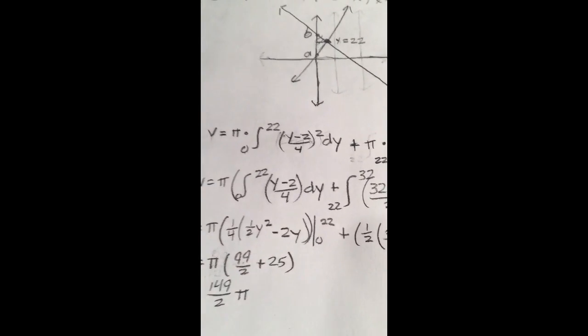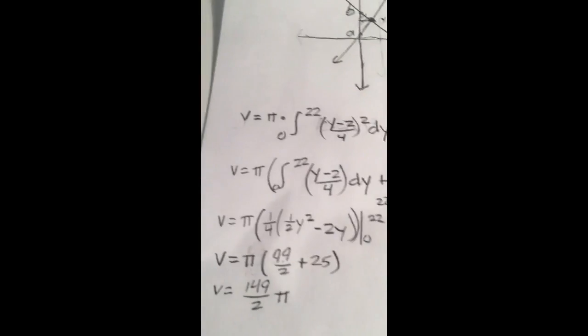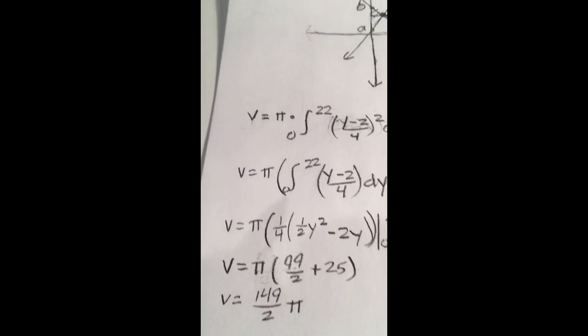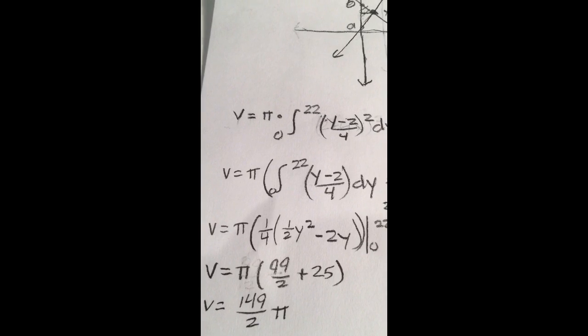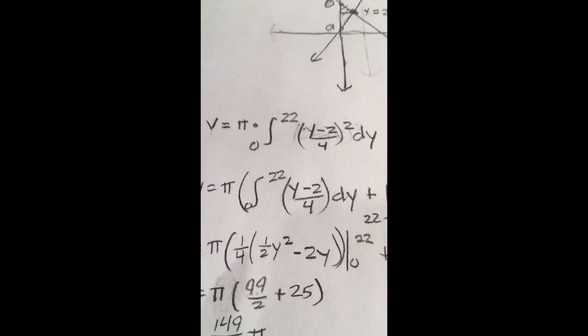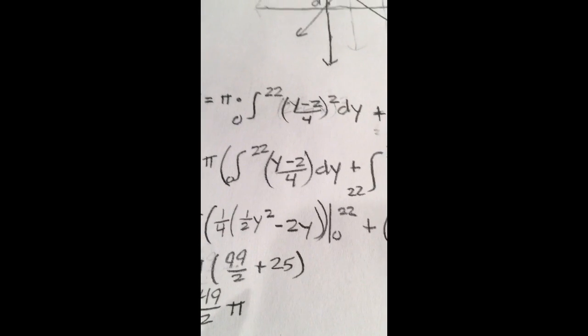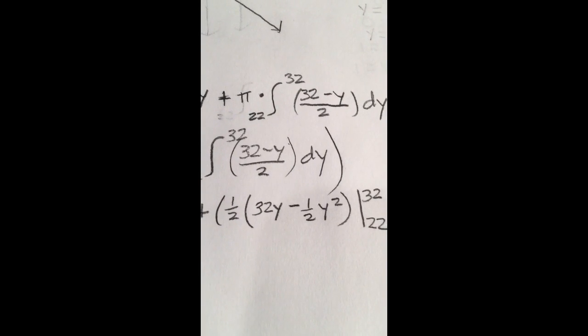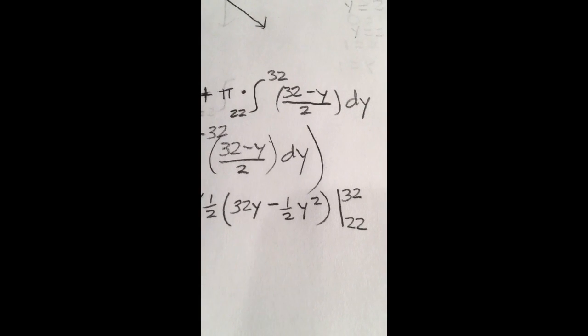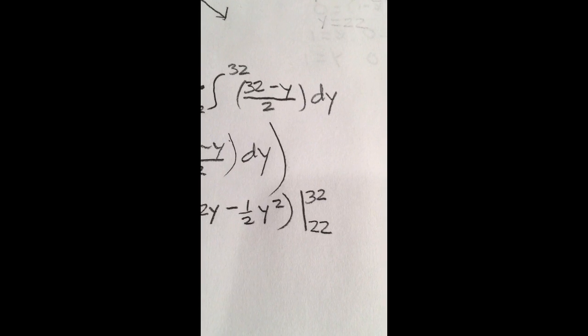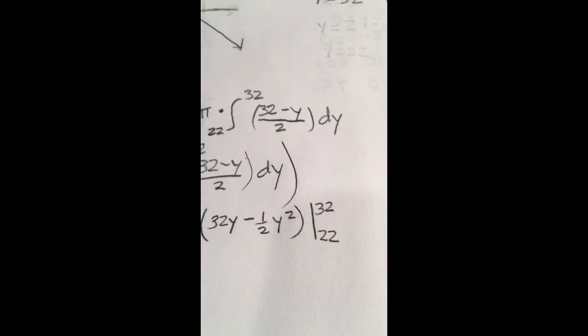After a lot of integration, you end up with V equals pi times 1/4 times the quantity of 1/2 y squared minus 2y, which you evaluate from 0 to 22, plus 1/2 times the quantity of 32y minus 1/2 y squared, which is evaluated from 22 to 32.